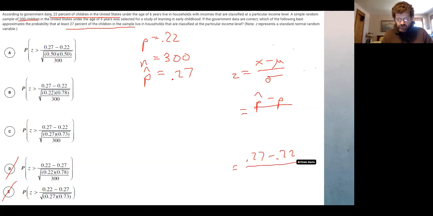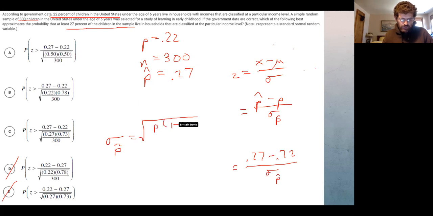Now the standard deviation, I'll just leave the standard deviation alone, except it's going to be a standard deviation for proportions. And this is one that you'd want to have your AP formula sheet handy. But what you've got is the standard deviation for proportions is the square root of P times 1 minus P over n. Now we're dealing with the population proportion when we figure out the standard deviation.